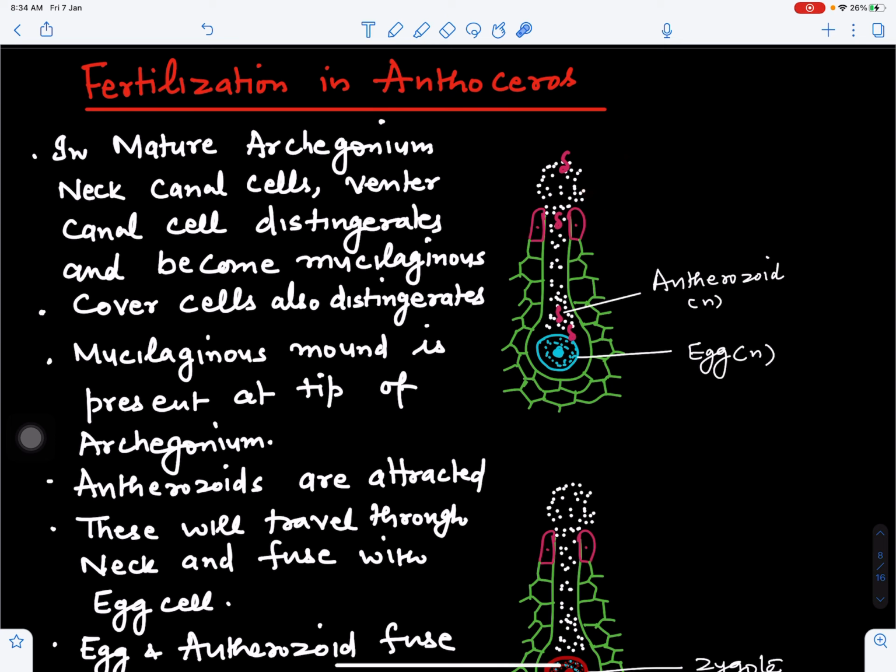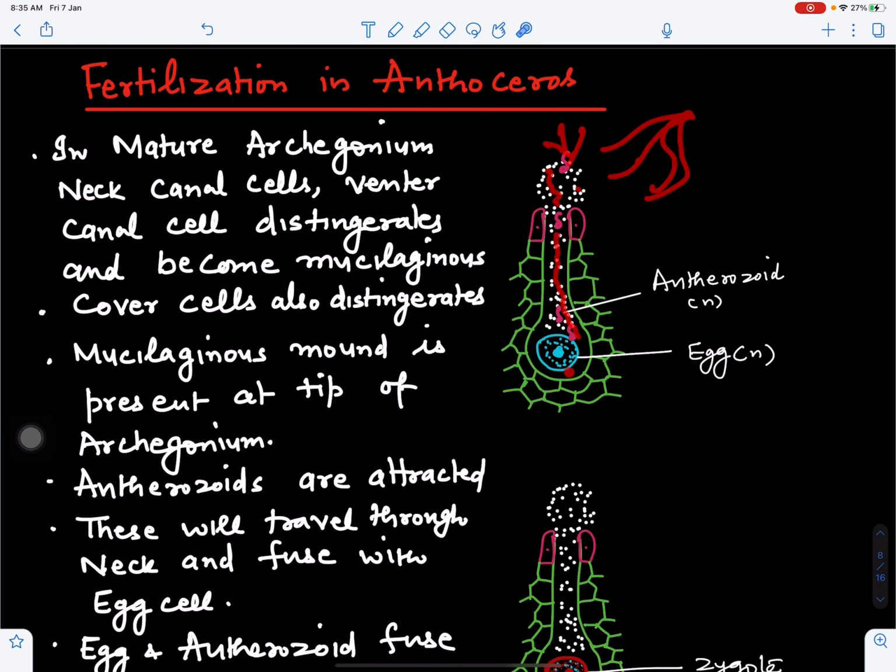Now, these male gametes or antherozoids will get attracted toward this mucilaginous mound because they have a pair of flagella. So they will move with the help of flagella and will reach over here. Then they will travel through the archegonial neck, and then they will reach the egg, right?